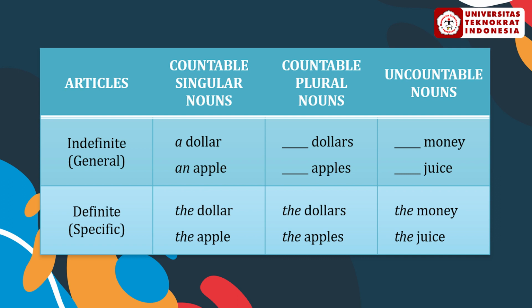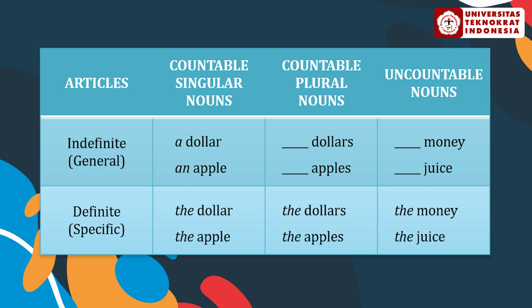So we have to know whether we're talking about a general thing or a very specific thing. And then we also need to pay attention to the fact that in English there are countable and uncountable nouns. So this also influences the way we use the articles in English.